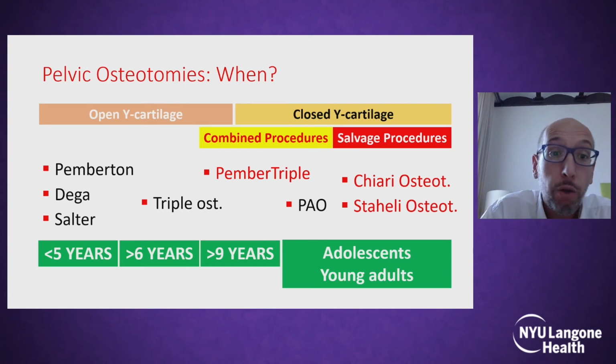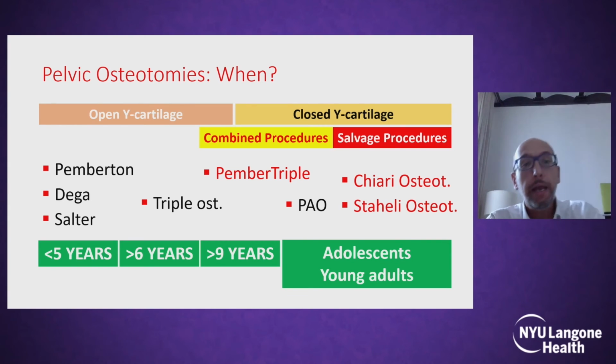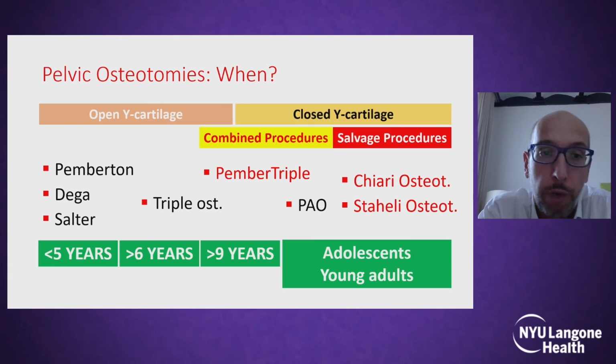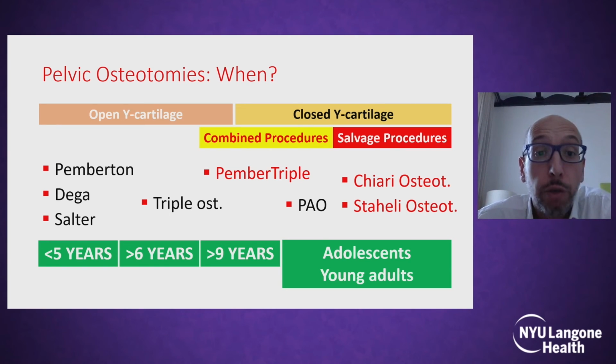So when you deal with a patient older than 9 years of age and persistent acetabular dysplasia, the Pemberton triple procedure, as described by Xue-Min Lu, can be performed. But when you deal with adolescents and young adults, you should probably consider salvage procedures such as acetabuloplasty according to Staheli, Spitzy, there are different techniques, or Chiari osteotomies.